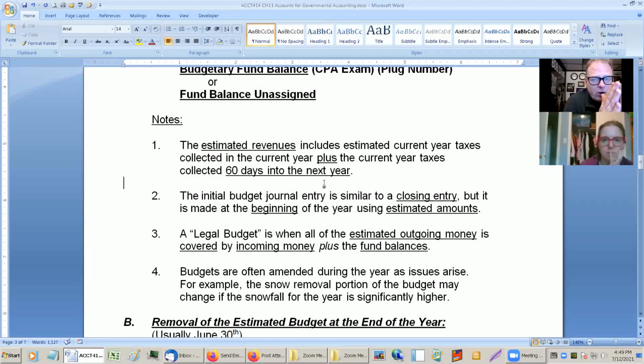We record them right when we send out the tax bills and that sort of thing. For things like parking tickets, we have to wait and see what they are. Anything that will be collected within 60 days of the end of the year is considered to be in the previous year. Anything past that is going into the next year.